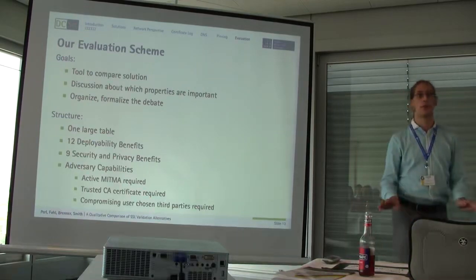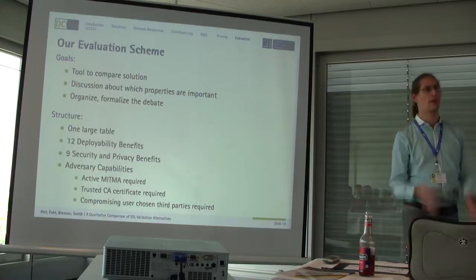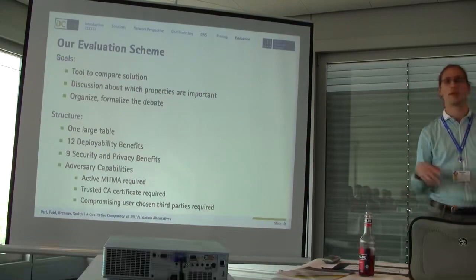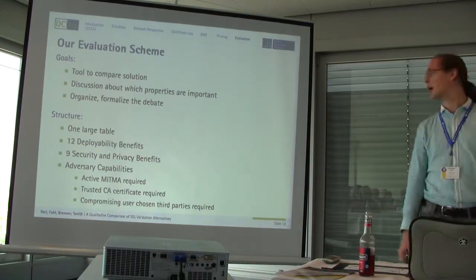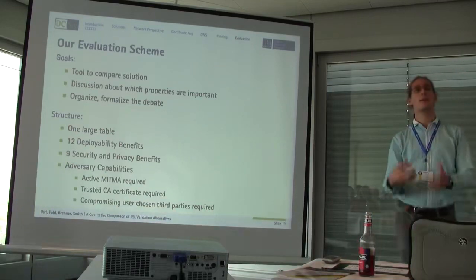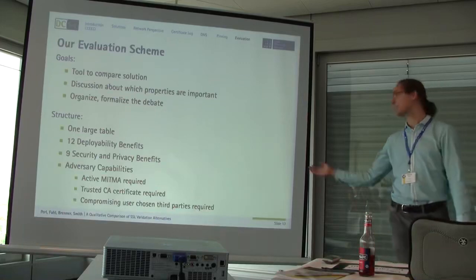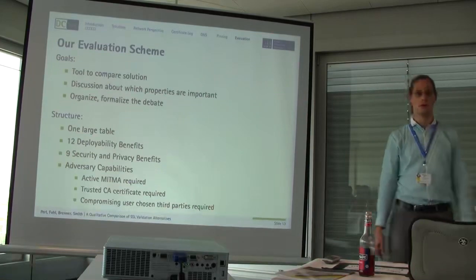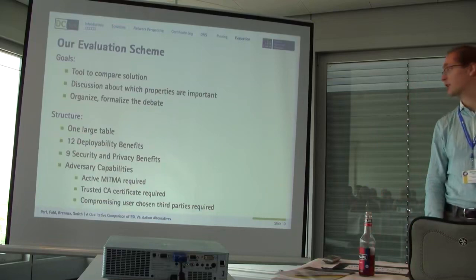So first thing that's basic is he needs to sit in the middle and do an active man-in-the-middle attack, meaning he can tamper with the bits on the wire. Second, or the next level is that he also has a trusted CA certificate. So at that point, SSL, as we know it today, fails or falls, because then the attacker can basically eavesdrop on the connection.